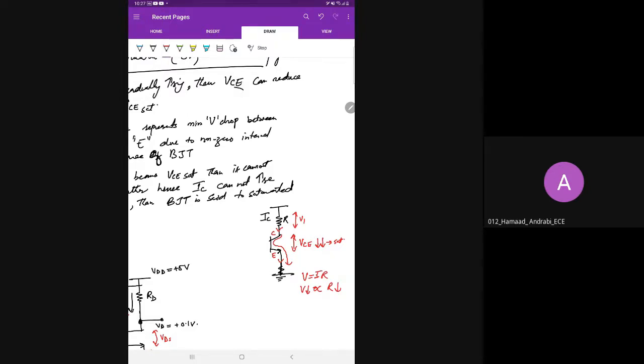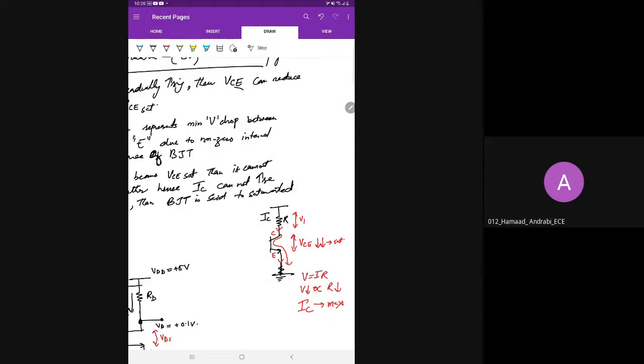And when the resistance between collector and emitter is minimum, IC is maximum, because when you have a less resistive path, more current will flow. So when you have minimum resistance, IC will be maximum. If you are not able to decrease the resistance between C and E beyond VCE saturation, it means that you cannot increase IC further.